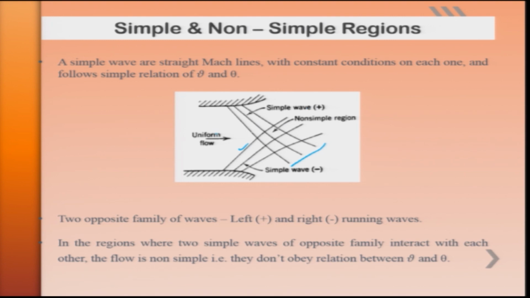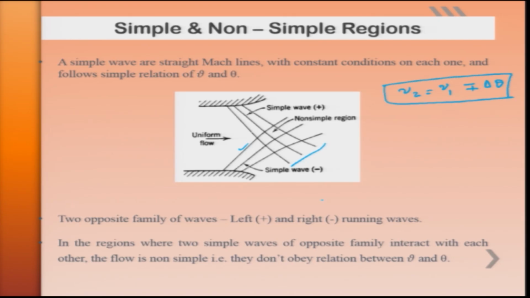And being simple waves, the properties or conditions on each one of these characteristic waves are constant, and they follow the rule nu2 is equal to nu1 minus plus delta theta.